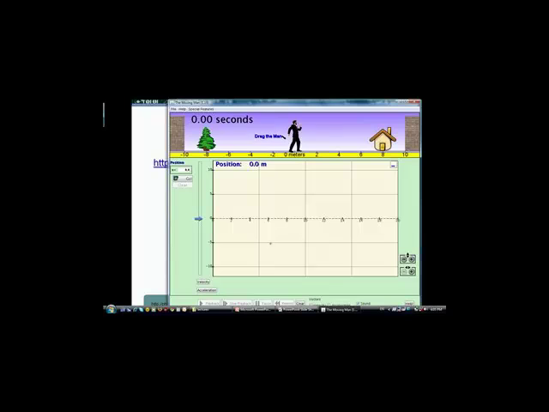And then, when the person is at rest at -6 meters, it should be a horizontal line at -6 meters. And then we move forward towards the 4 meters, and then it will be horizontal at the 4 meters. And then back. Okay, let's try that out.